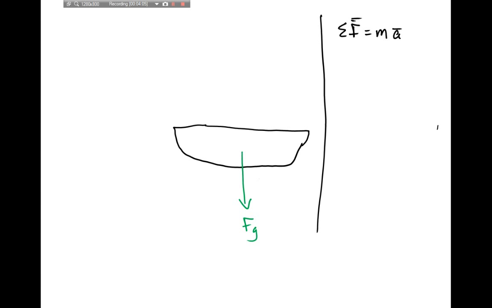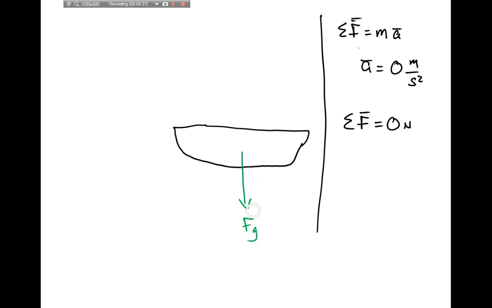So if I move at a constant speed, then my acceleration must be 0 meters per second squared, right? If my velocity is constant, then the change in the velocity is 0, so my acceleration is 0. According to Newton's law, F equals ma, so if my acceleration is 0, then the sum of my forces must be 0.